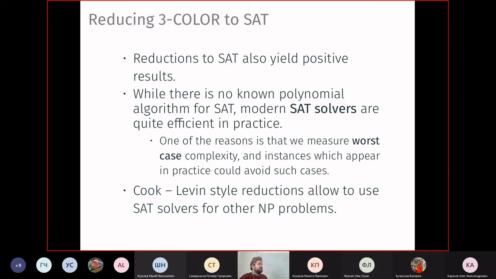But this is just an informal intuition, there are no formal grounds behind it, because the worst-case complexity is exponential, and there is no win in reducing it to SAT. But for SAT, we have already developed good heuristic systems, and you can use them for other NP problems. So this is the positive result from reductions to SAT.